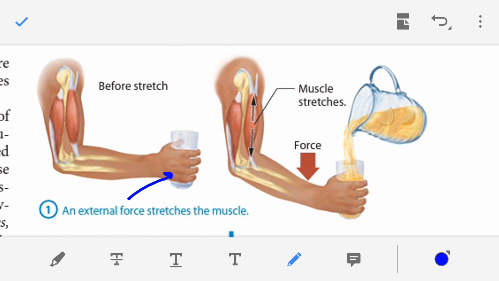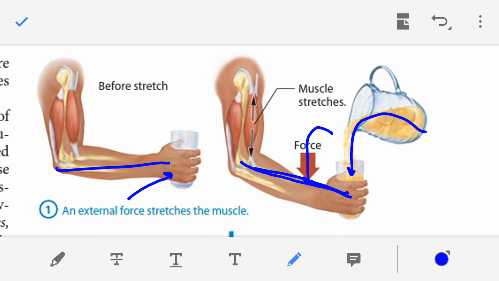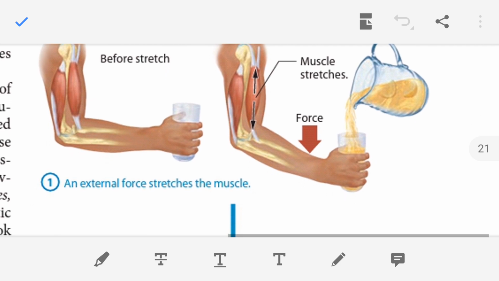As you can see, this glass is empty, and now your auntie is pouring the orange juice in the glass. As she fills the glass, a force is exerted on your hand, and your hand, which was earlier in this position, slightly comes downwards due to the filled glass.